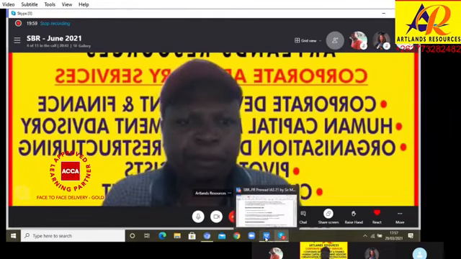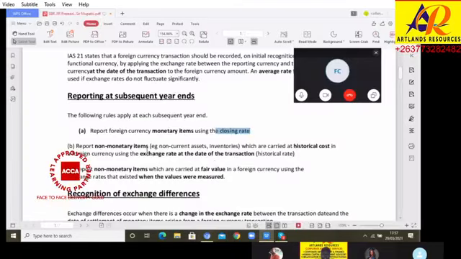So this is what we have here, that for non-monetary items such as non-current assets and inventory, which are carried at historical cost, in the foreign currency you just use the exchange rate which was prevailing at the date of transaction, because they are carried at cost. Once we used the exchange rate on the date of transaction, we got the cost.